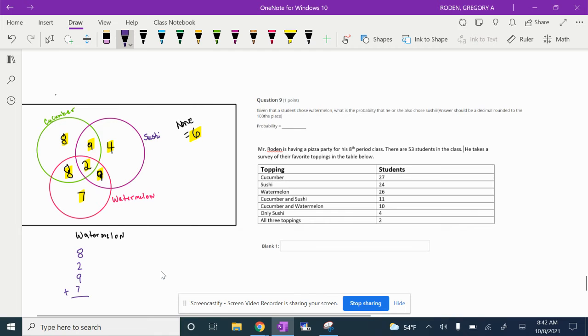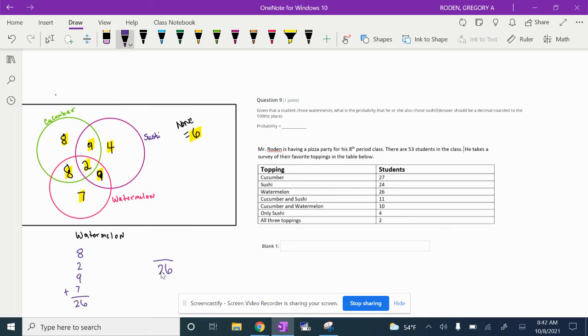So, given that they chose watermelon. Okay, so what I did is I just added up everyone in the watermelon section, 8, 2, 9, and 7. And when I added 8, 2, 9, and 7, I got 26. So your total is only going to be out of 26. And then they're asking, what is the probability that he or she also chose sushi?